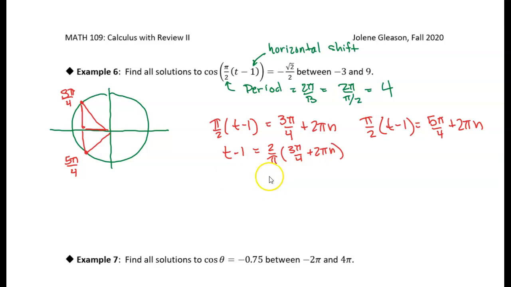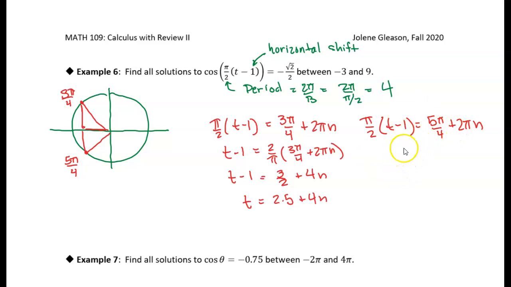If I multiply through, I get 3 halves plus 4n. That's what t minus 1 is. Then I have to add 1 to both sides. So t is equal to 1 plus 3 halves is 5 halves, which I could write as 2.5 plus 4n. So there are my solutions for the angle that's at 3 pi over 4.